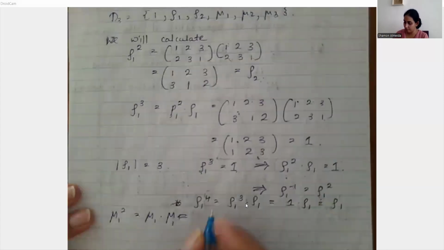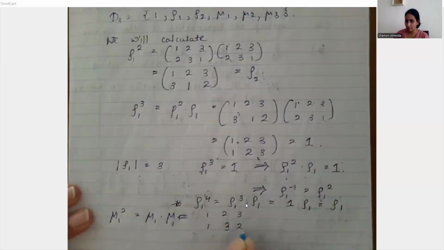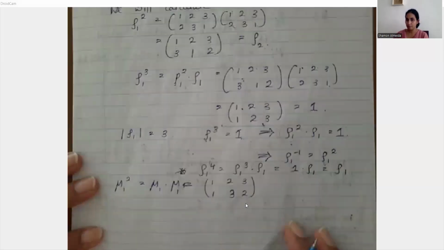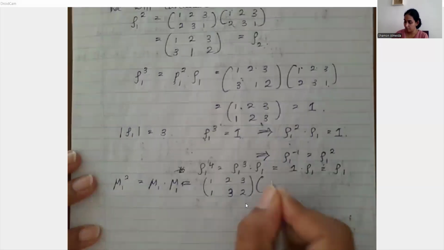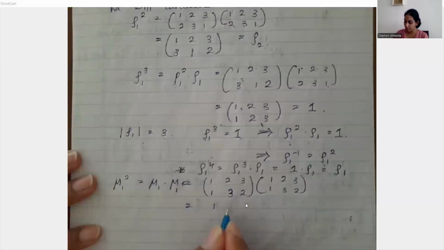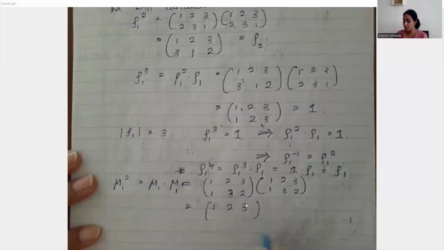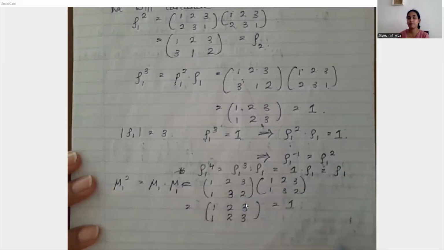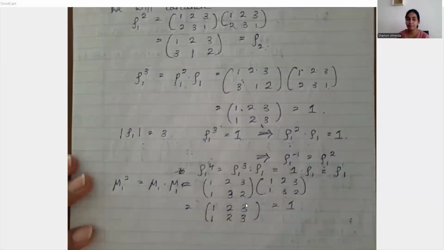So now let's see: 1 goes to 1 over here, so 1 will go to 1. 2 goes to 3 and 3 goes to 2, so 2 will go to 2. 3 goes to 2 and 2 goes to 3, so 3 will go to 3. What you have is the identity.